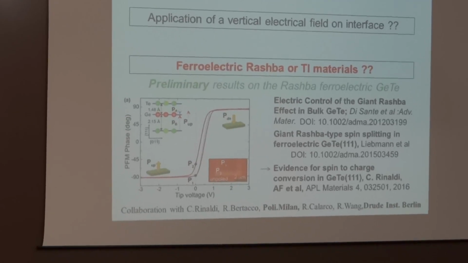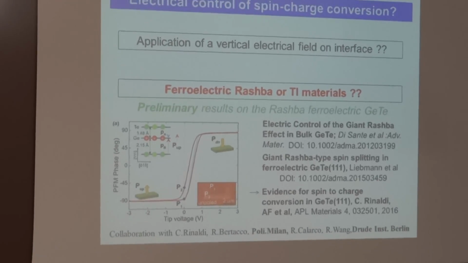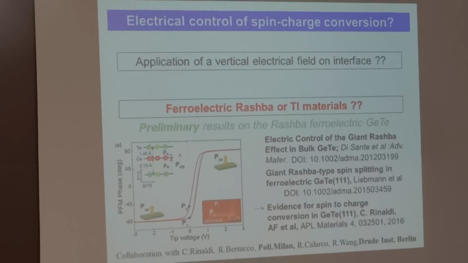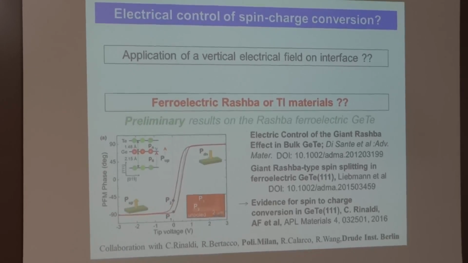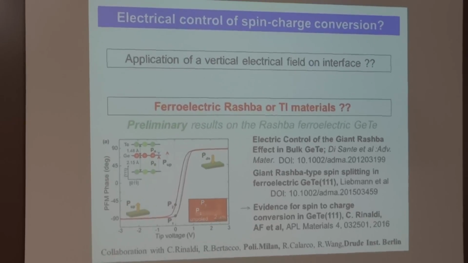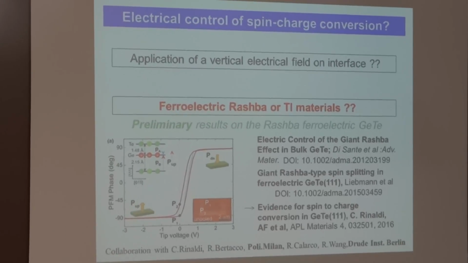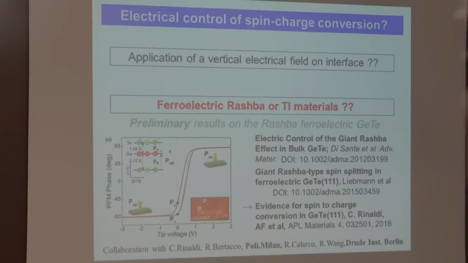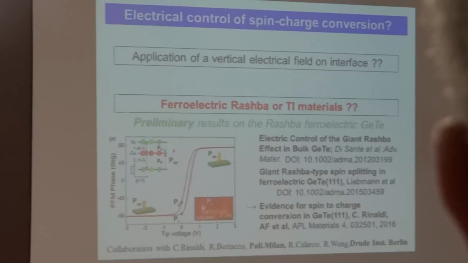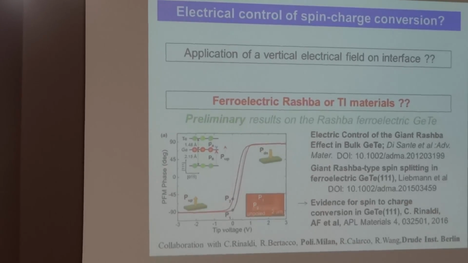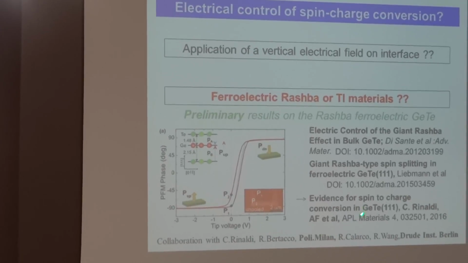One of the possibilities is using Rashba systems that are also ferroelectric, because the ferroelectricity first induces the inversion symmetry breaking, producing the Rashba effect, and then also reversing the ferroelectric polarization. And so I will simply comment on the last system we are studying.